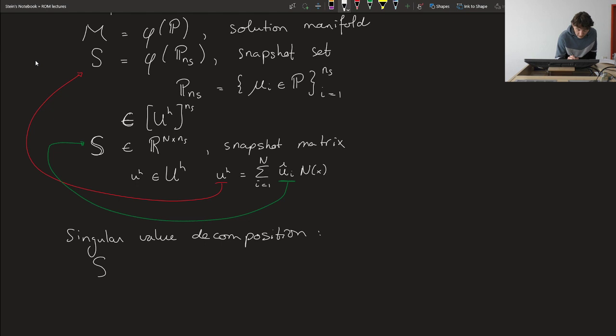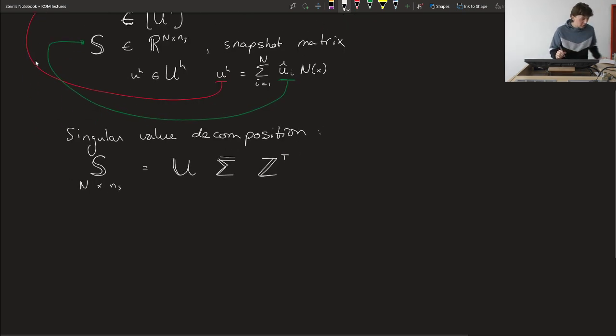We take our data matrix S, which is of size n by ns: the number of degrees of freedom, which might be 10 million, and the number of snapshots, which might be 1,000 or 10,000. And we're going to decompose that into an orthonormal matrix U, a diagonal matrix sigma, and an orthonormal matrix Z, and this one is transposed.